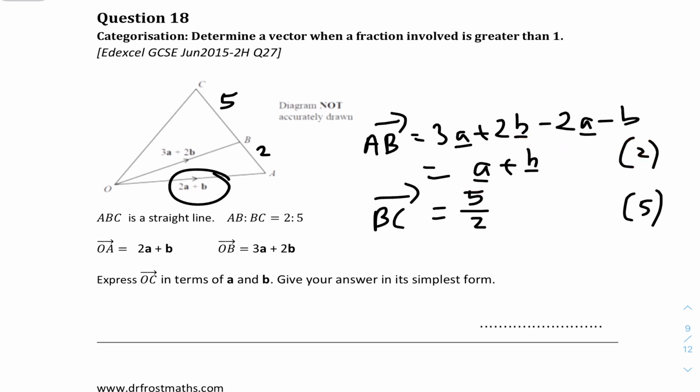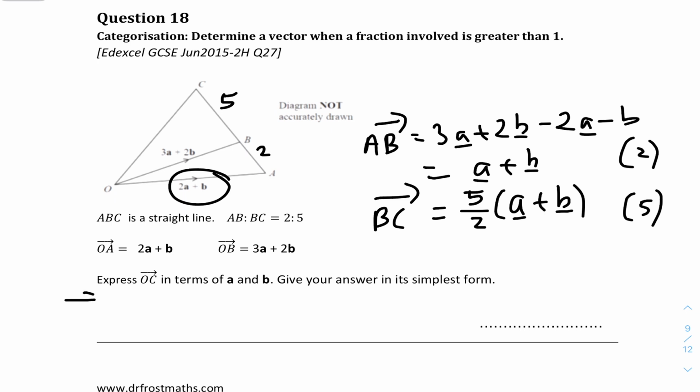That means it's basically divide by 2 times 5. So it'll be 5 over 2 times A plus B, like so, right? And OC is specifically just OB plus BC.